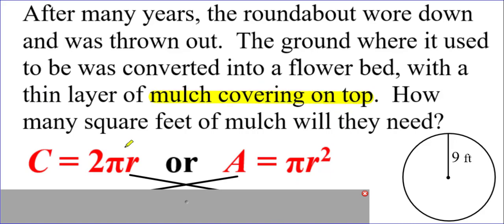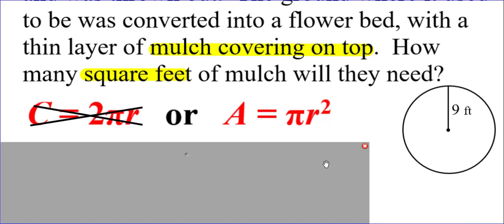And it said how many square feet of mulch. So think about this. The mulch will fill up the entire circle. And the word square feet could only be a unit of measure for area. So, confirmation, circumference is not the way to go in this problem. The mulch will fill up the circle, that is area.